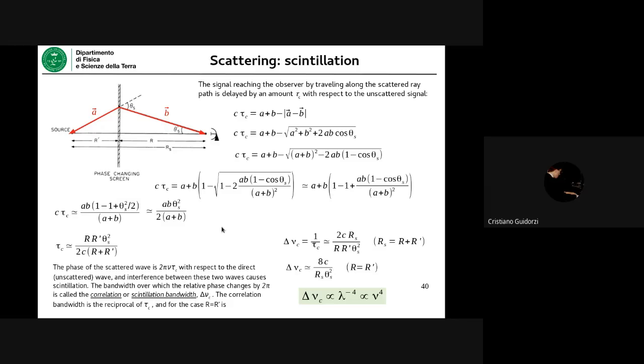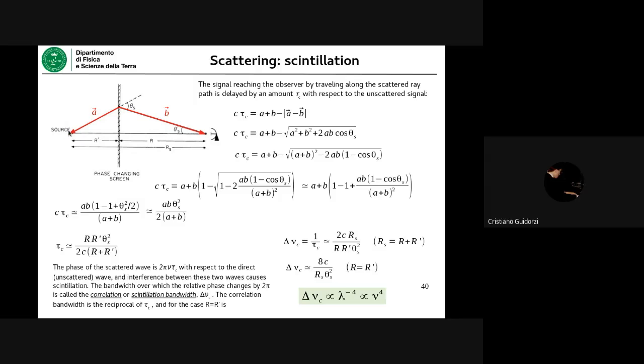So the higher the frequency, the shorter the mutual delay, and we will see that this tau c is also telling you, if you imagine you have a source which is not a steady source, which is not emitting electromagnetic waves in a constant way, but as a pulse. Again, we are considering the impulsive source.